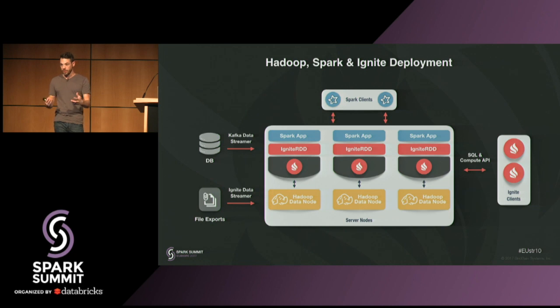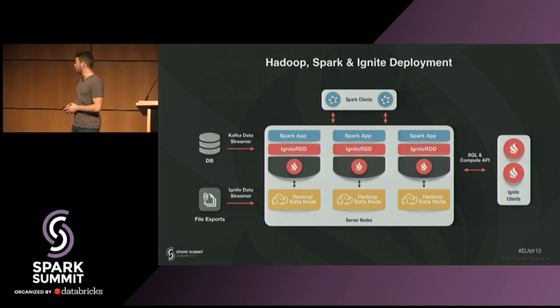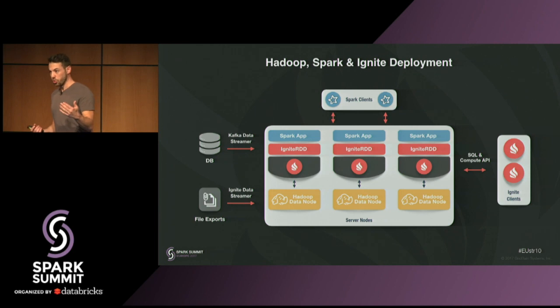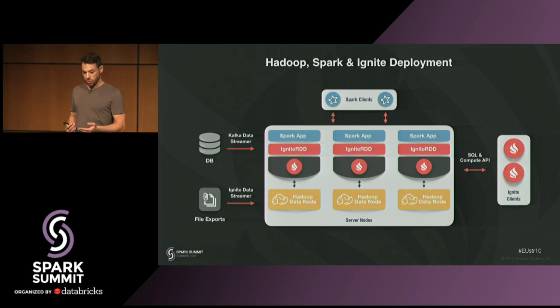Once we get it into the grid or in Ignite, you can then use the traditional APIs that you would access, right, as SQL or compute. But you can also use the IgniteRDD, which is an implementation of the Spark RDD, right? That allows you to pretty much access data that is in an Ignite cache through the RDD framework.